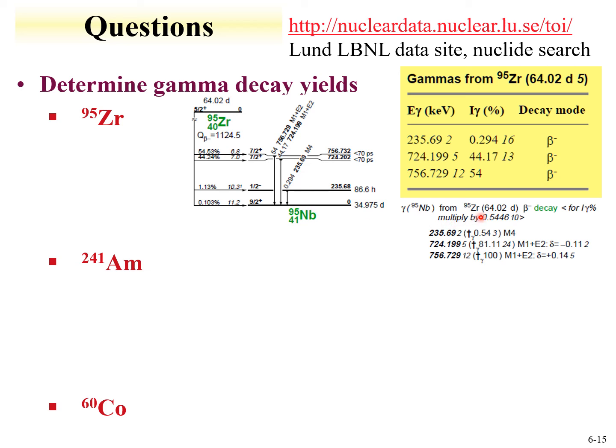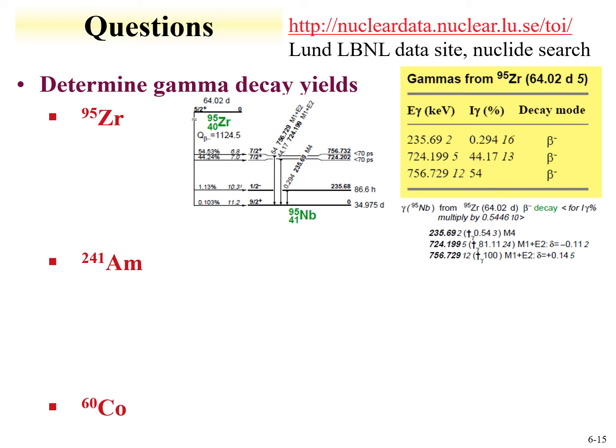We can get the photon intensity by multiplying the numbers in these brackets by the value that's listed here. So 0.5446 multiplied by 100 gives us our 54%, and 81.11 multiplied by this value gives us the 44%.